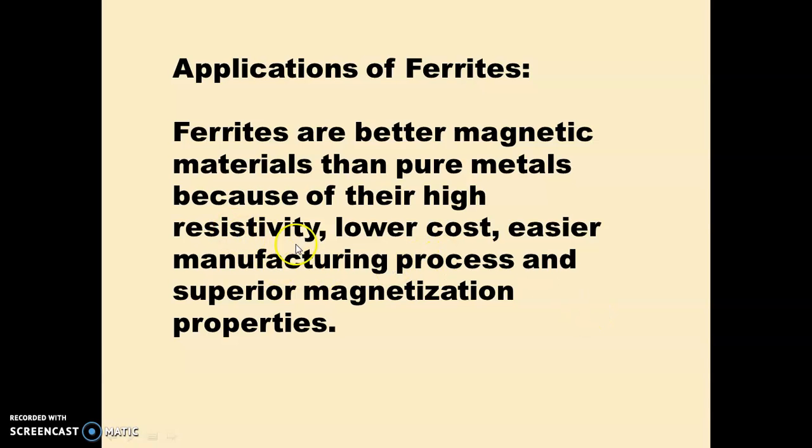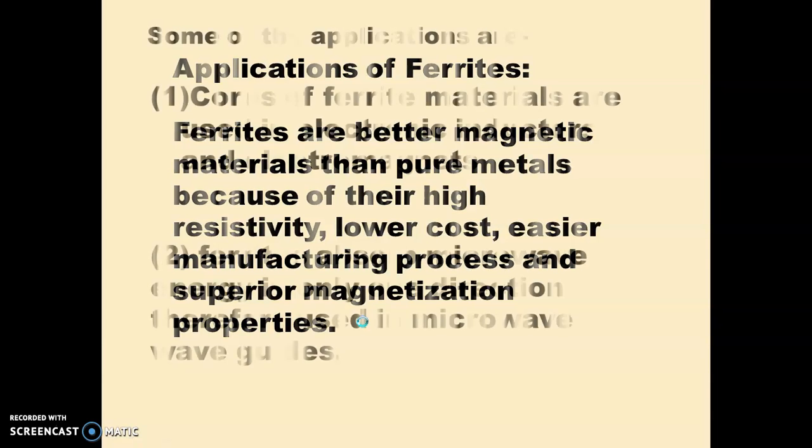These are the advantages, and therefore ferrites are used as magnetic materials, and pure metals are not used. For the applications, we see the next slide.